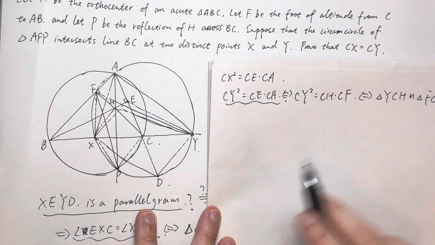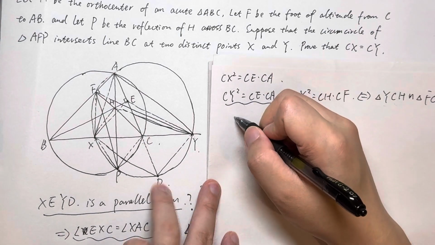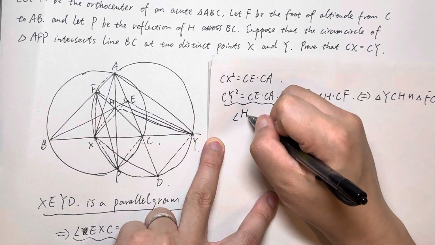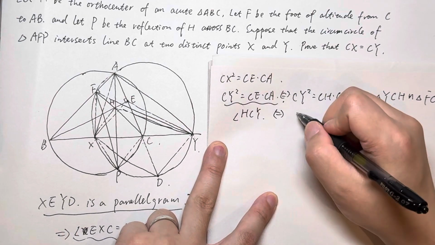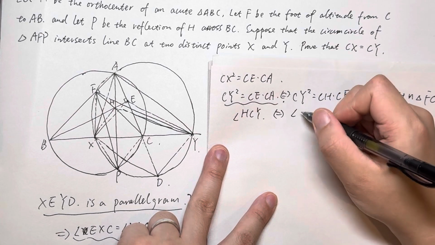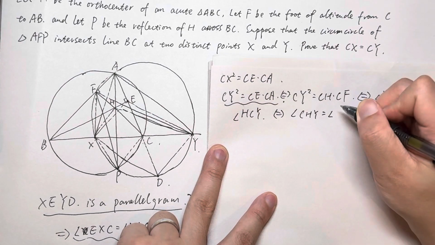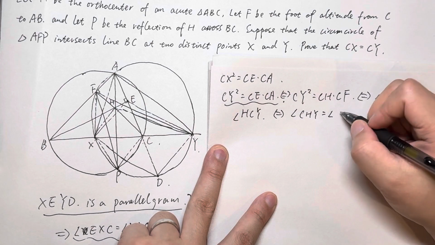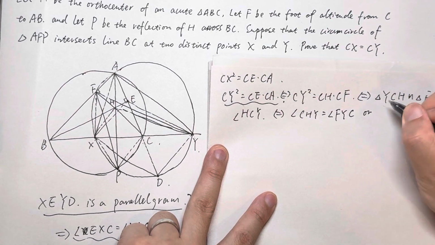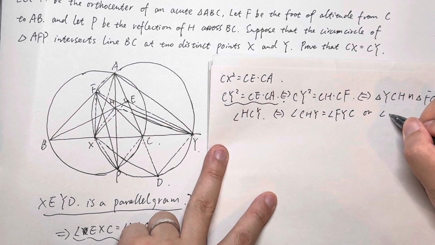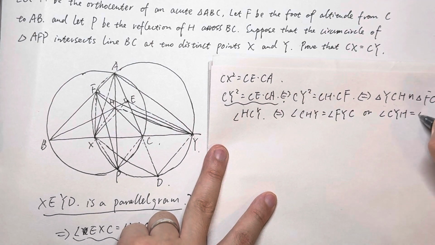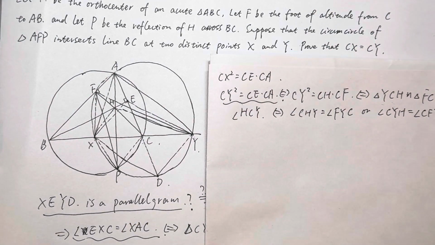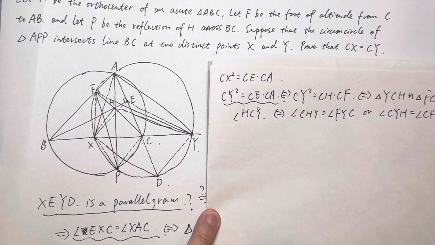So we want to prove that these two triangles are similar. And we already know they are sharing the angle HCY. So we just need to prove angle CHY equals angle FYC, or angle CYH equals angle CFY. Right? So you can choose which one is easier. I would say this one would be easier, right?